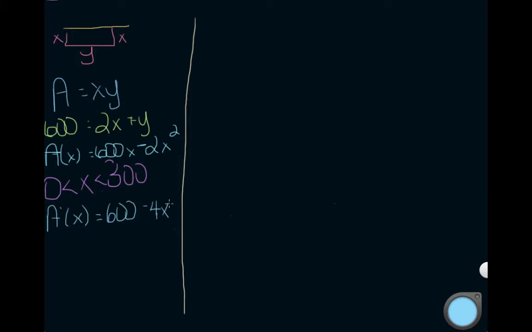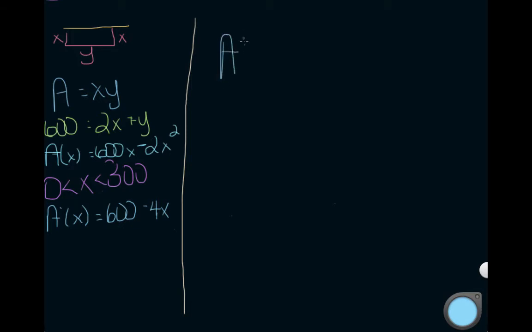Now remember, when you're finding the derivative, it will tell you the slope of any function at any point. So what I'm looking for is the highest point of my function. So I want my slope right here to be equal to 0. Okay, so in order to do that, I set my derivative equal to 0.